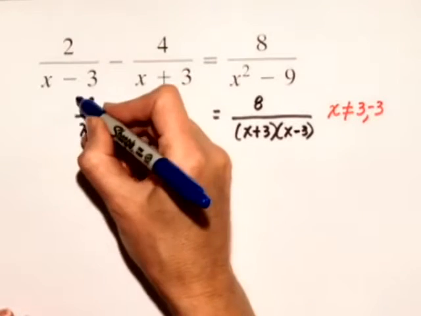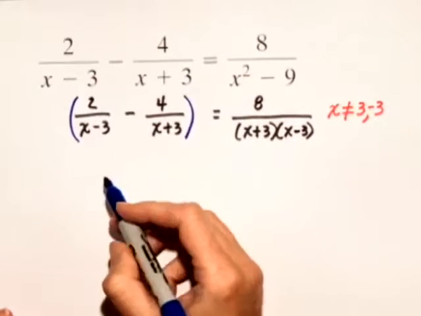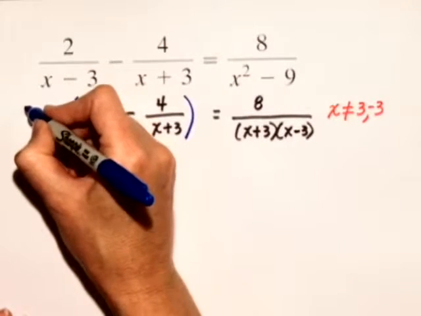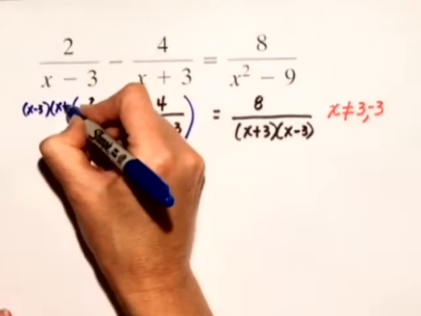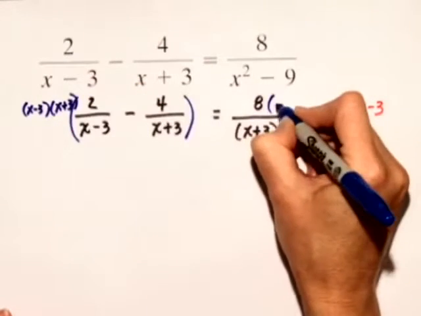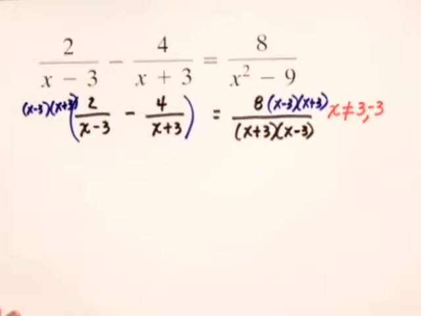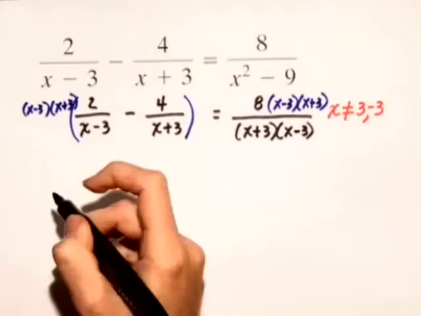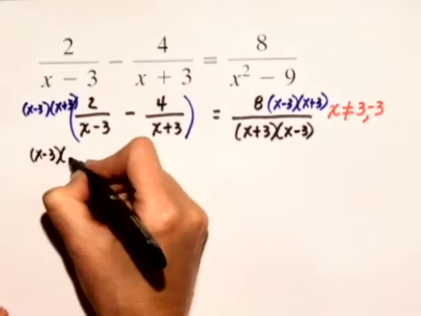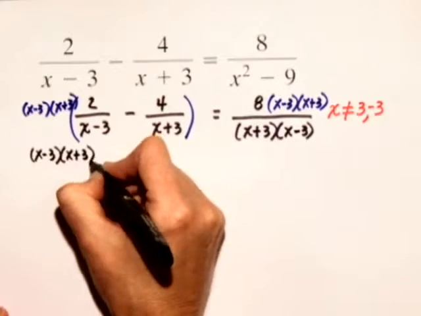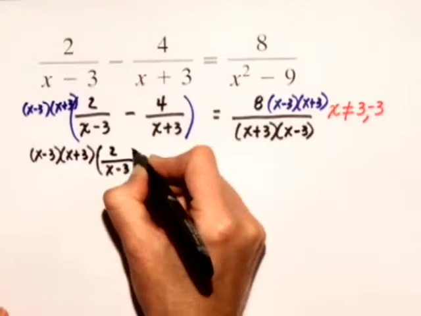We're going to multiply both sides of this equation through by the quantity x minus 3 times x plus 3 on both sides. When we do that, we're going to have x minus 3 times x plus 3 times 2 over x minus 3.